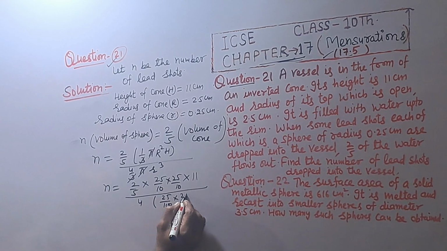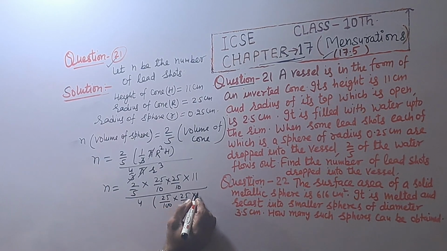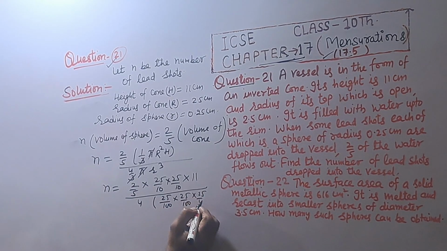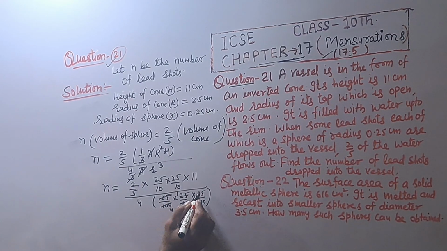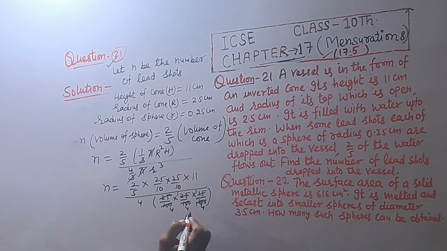Radius is 25/100 into 25/100 into 25/100, that is 1/4 into 1/4 into 1/4.